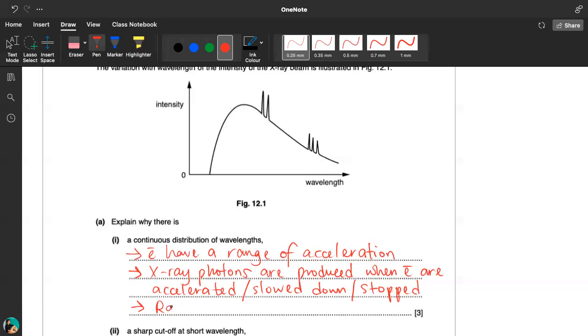So the range of energies gives a distribution of wavelength. This one you can say E equals hc over lambda.